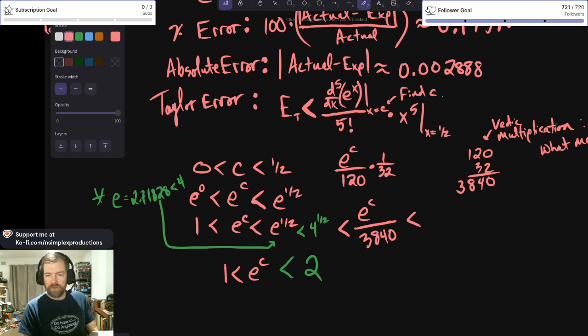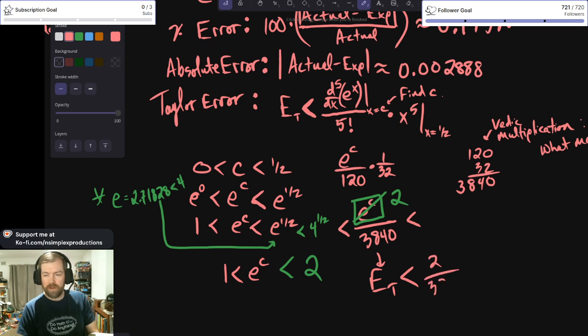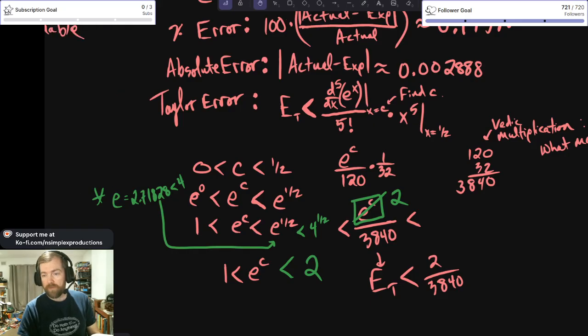So what we can do is say, look, the error is going to be less than the amount that we have here, because we're going to assume that e to the c is just going to be 2. So our Taylor error is going to be less than 2 over 3840, which is 1 out of 1920.